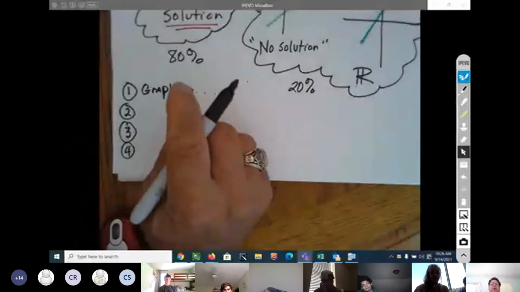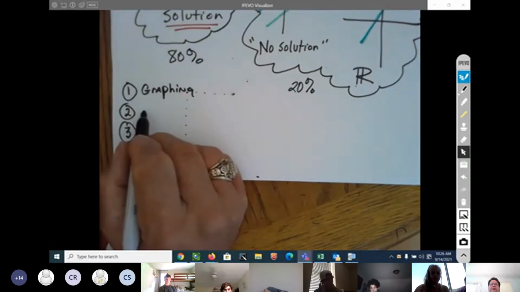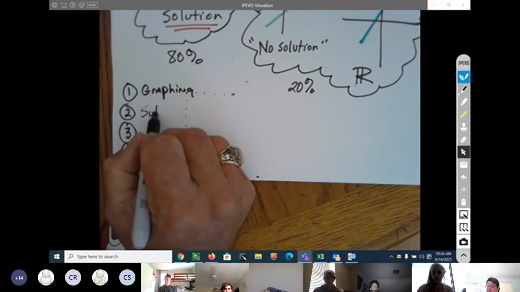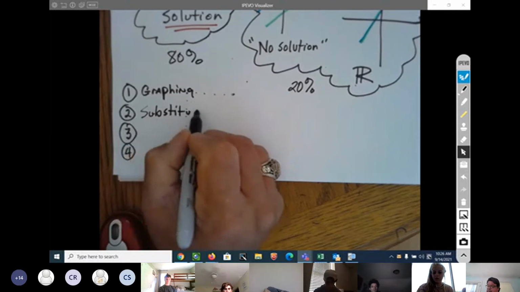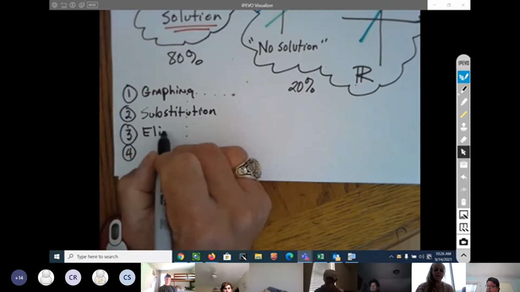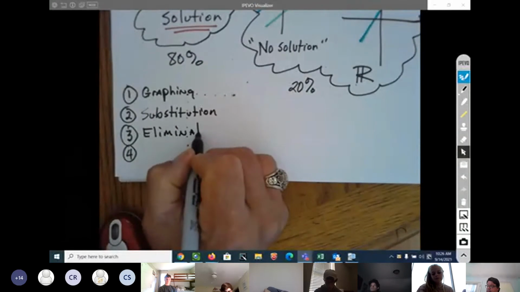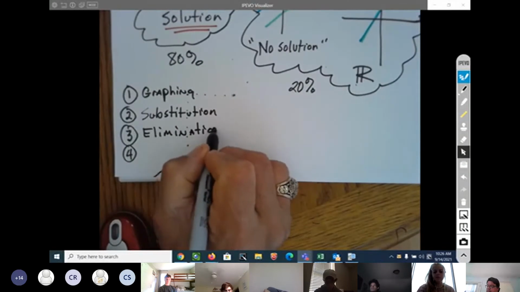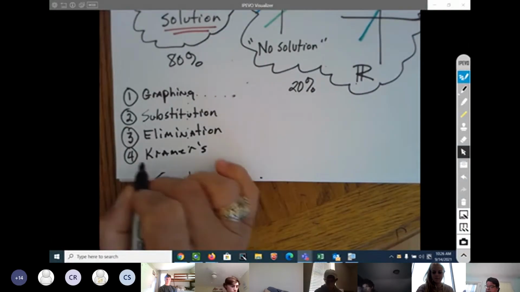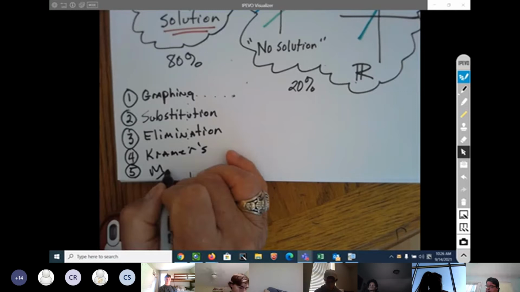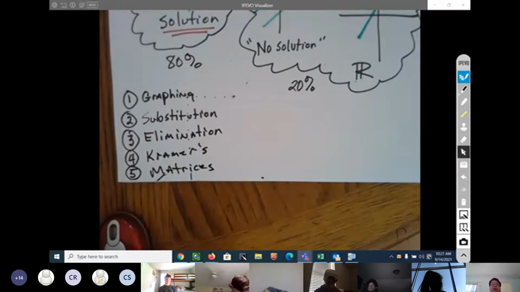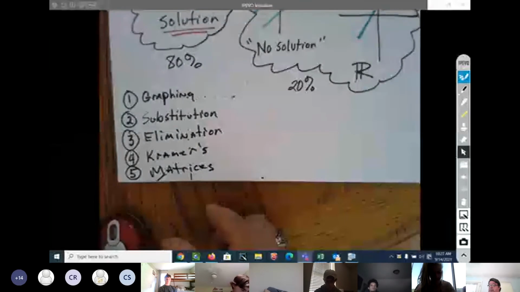All right, graphing, elimination, substitution, Cramer's rule, and matrices. Those are the ways to solve systems of equations.